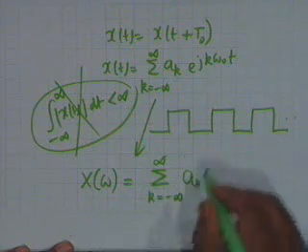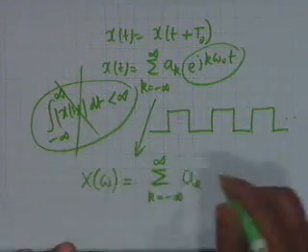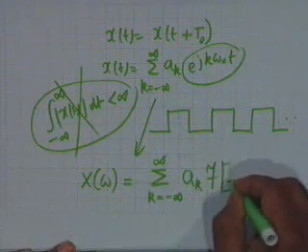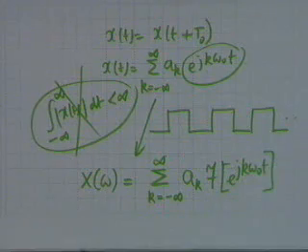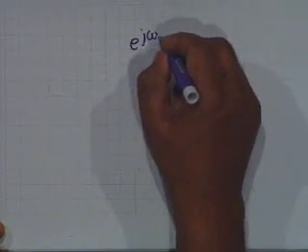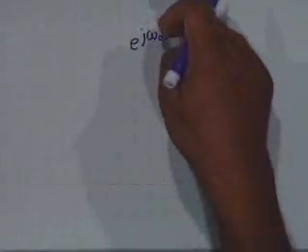This is the only function of time inside the integral. a_k is a constant, so we shall have the Fourier transform of e to the j k omega 0 t. Alright, if we can find this out, then we are sure we have been able to transform. Now let's see if we can find that out. Let's take this function e to the j omega 0 t. To be specific, we admit k equal to 1. Later on we can multiply by k, it doesn't matter.